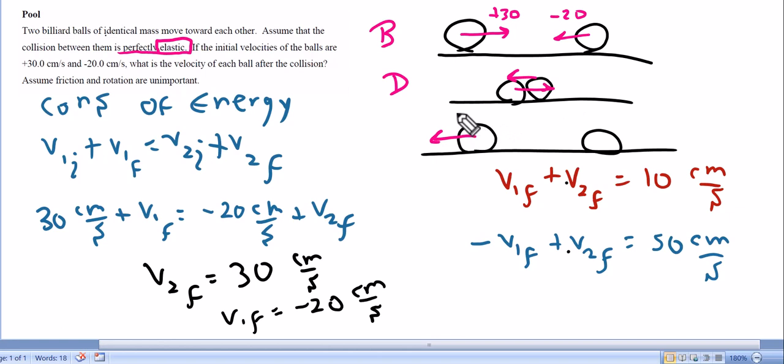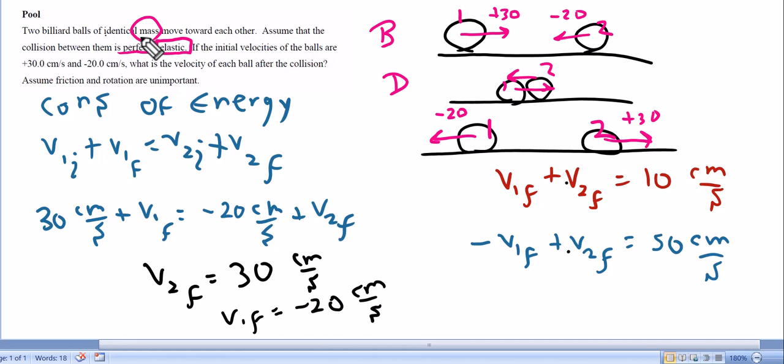Now this one gets the negative 20, and this one gets a positive 30. If this is my 1 and this is my 2, V2 final was 30. Notice, the arrows are very important because this is conservation of momentum and conservation of energy. So they switched. It was a perfect switch. Mind you, it was only a perfect switch because they're identical masses. If they're not identical masses, you're not going to get a perfect switch. But this is a perfect switch.